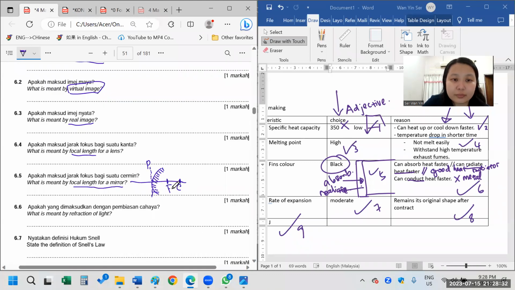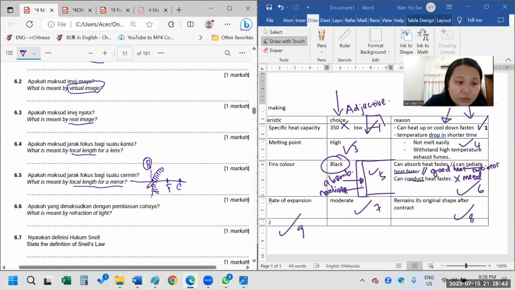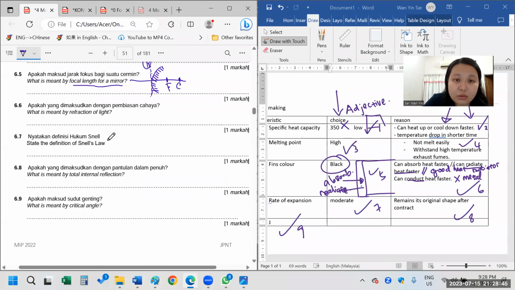CF. I forgot what is the name. Later I check and let you know. This P. Okay, so now definition of Snell's law.